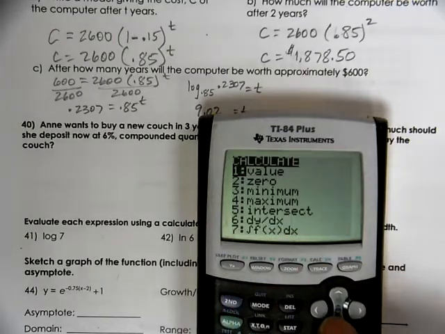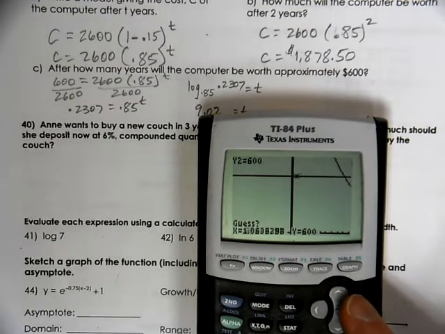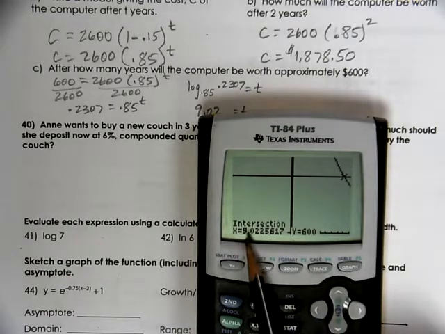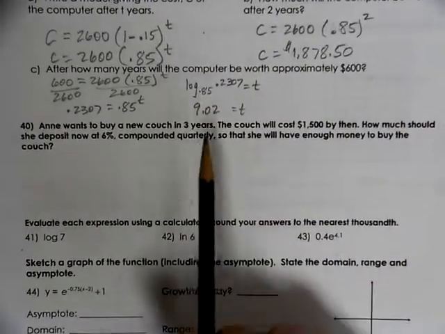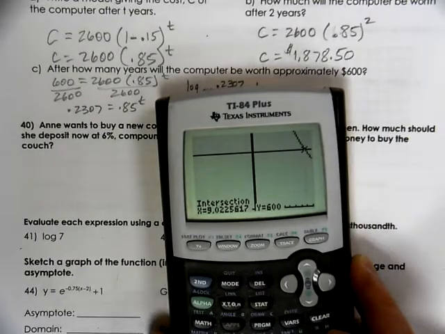Well, we can go to second trace, down to intersect, first curve, second curve, and guess. Move over here to get to it, and hit enter, and we get 9.02. 9.02. Priceless.